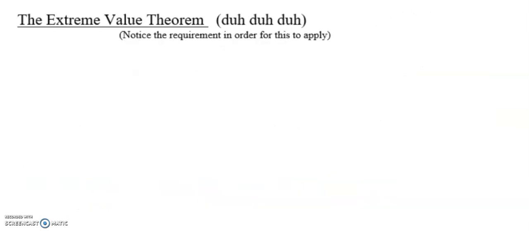All right. So the extreme value theorem, often abbreviated as the EVT. We've already had the IVT, now we have the EVT. This is supposed to read as dun dun dun. I don't know if I really get that from that typed da-da-da, but whatever.